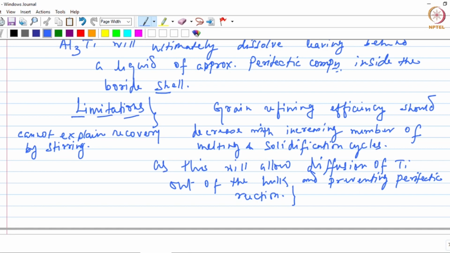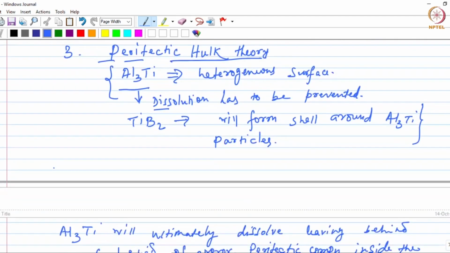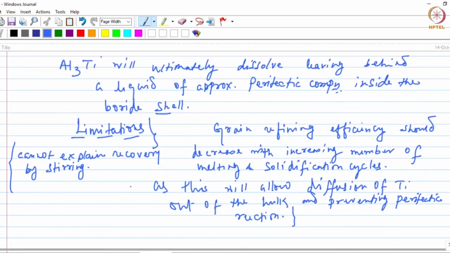So if you do some kind of stirring in the melt, if you stir the melt physically, then these particles will be again suspended into the melt and the grain refinement will recover. Okay. So this theory cannot really explain that recovery by stirring. That is the other limitation of the peritectic hulk theory.